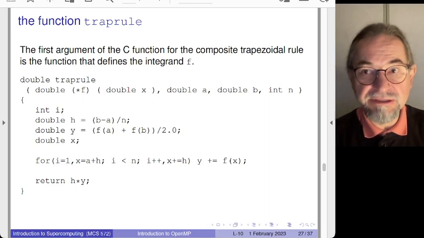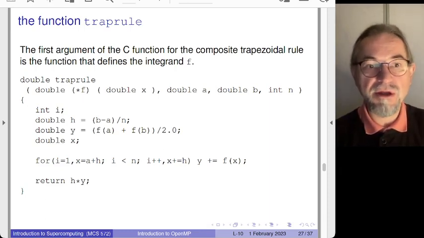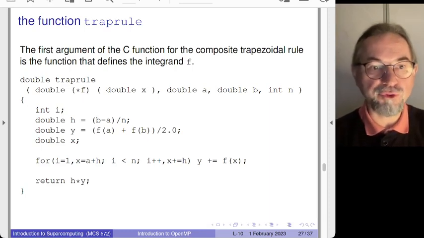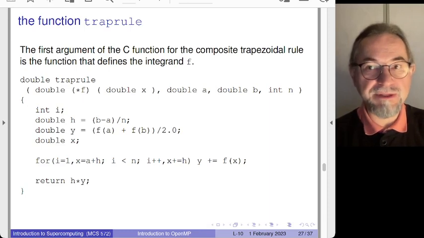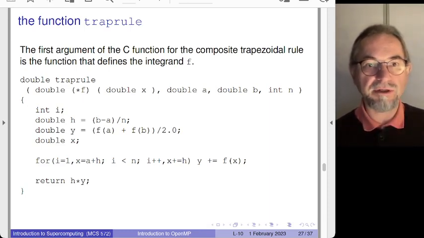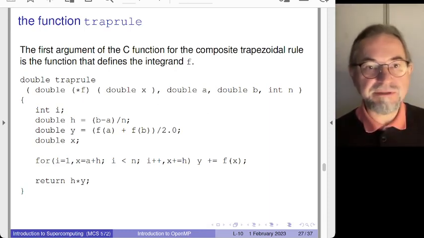So actually the C function, C is seen as a lower level language, but the C code is not any longer than the Julia code. The point, however, being that Julia works with optional typing, whereas in C, you have to specify the type of everything.